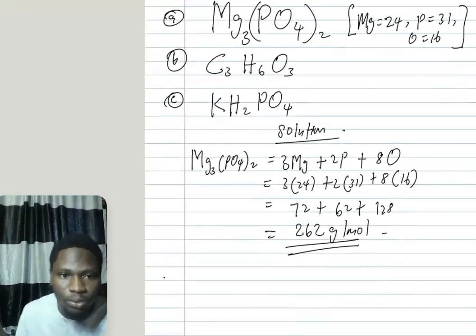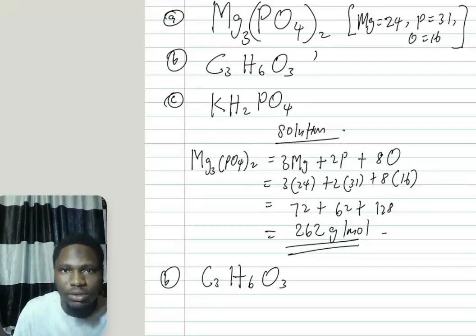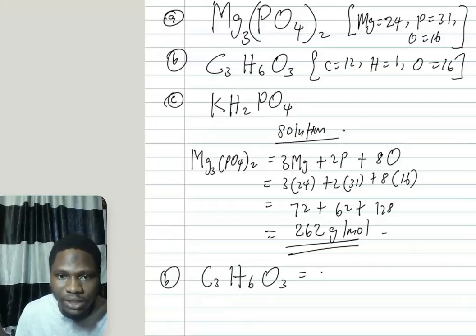So let's go. Question B: C3H6O3. Here you'll be given that carbon equals 12, H equals 1, O equals 16. If you observe this formula, you see that I have 3 carbon, 6 hydrogen, and 3 oxygen.